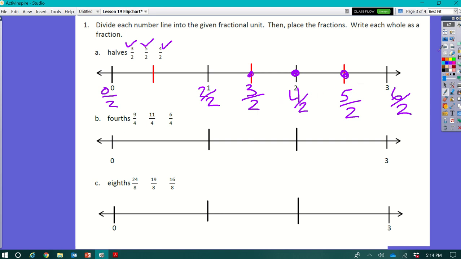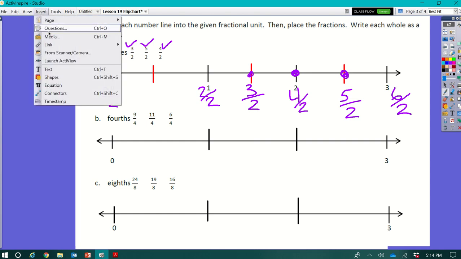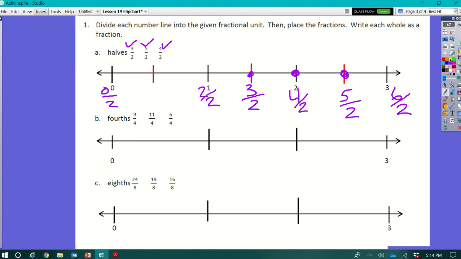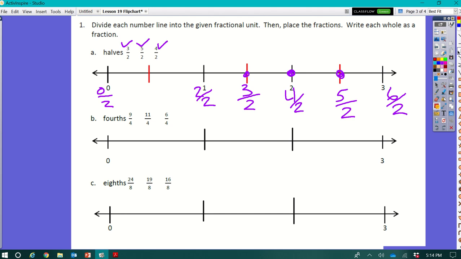So the first thing I'm going to do is go back to my line and use the red to do something here. It says to divide it into fourths. Well, we know 4 is an even number. So if it's an even number, you know there's going to be a line right in the middle. So I'm going to draw my line right in the middle.